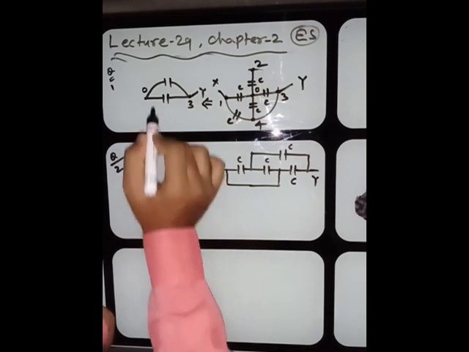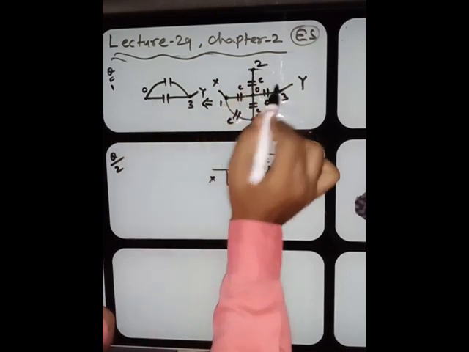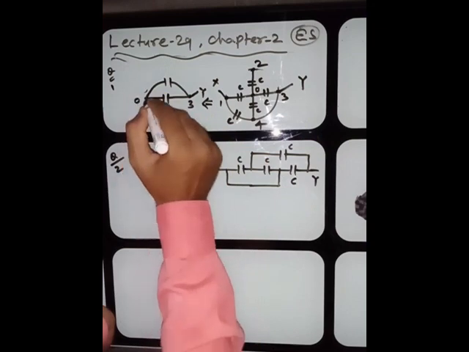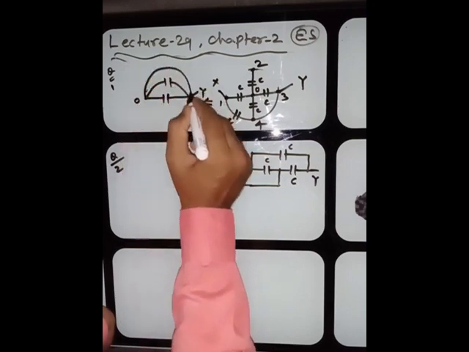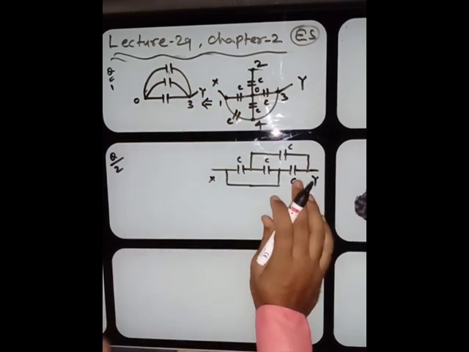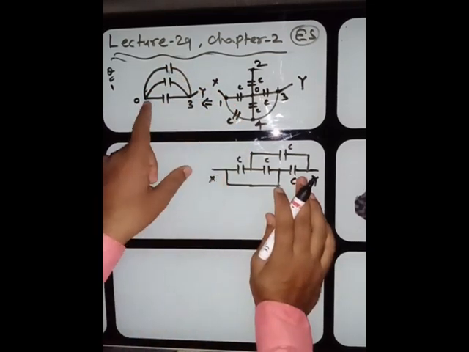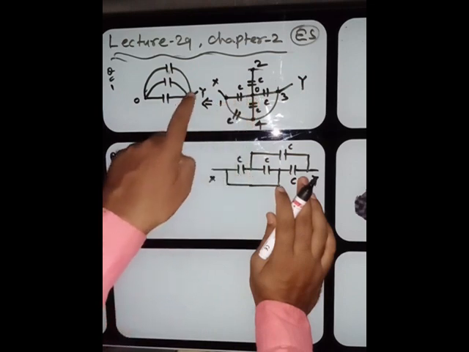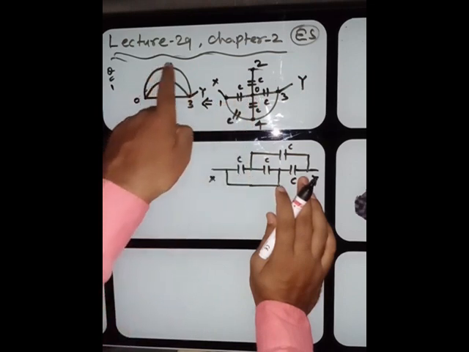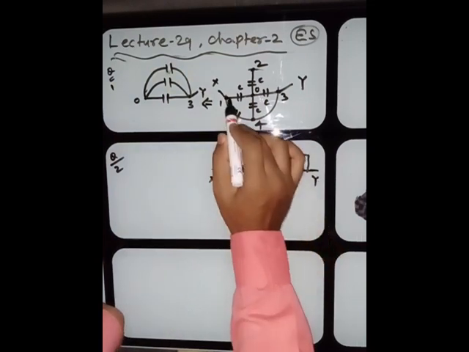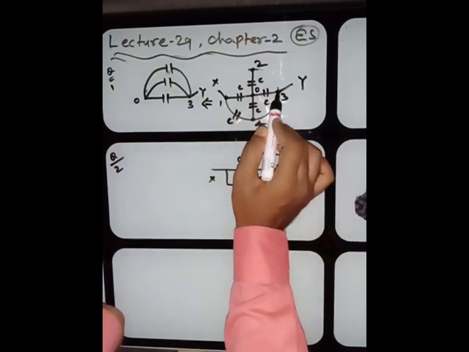Now 1 is to move to 3 also. This is O. 1 will move to 3 and there will be a capacitor between 1 and O. Now 1 has gone to point 3.